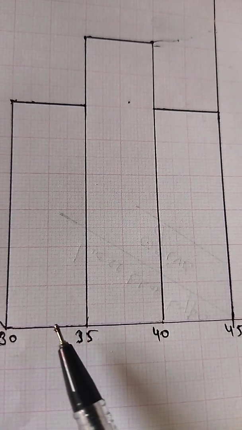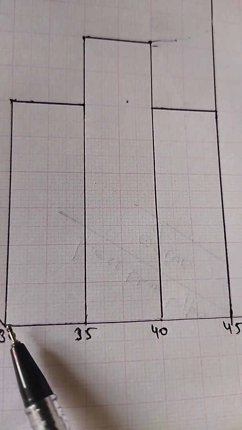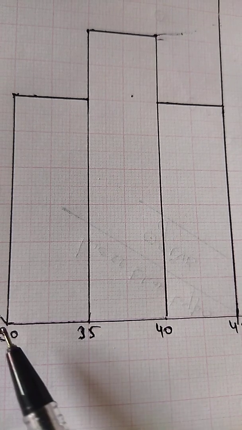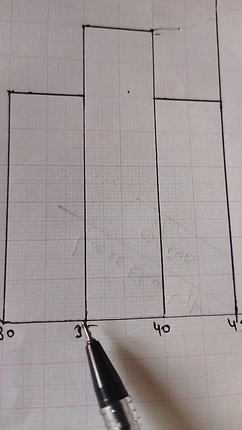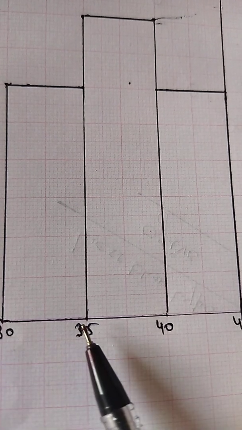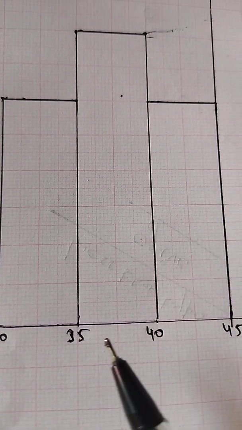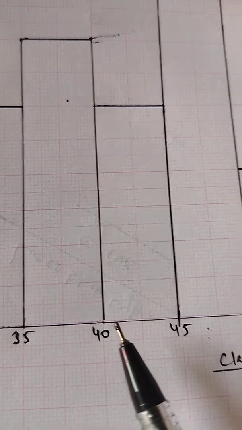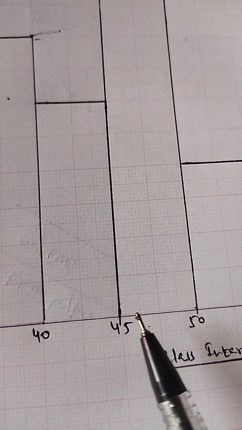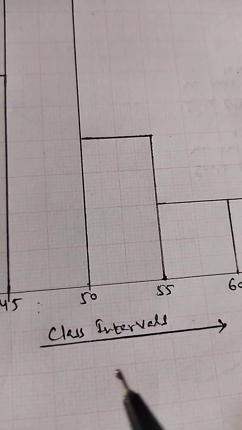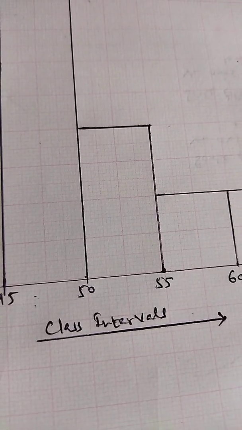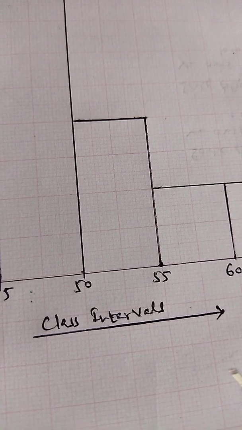So 2 centimeter I have taken is equal to 5 kg, because the difference of 35 and 30 is 5. So this is 5 kg. So 30 to 35, 2 centimeter. Then similarly the next one 35 to 40, 40 to 45, everywhere 2 centimeter, and so on up to 70. So this is the scale I have marked, class intervals, or you can write here the weight of the students.